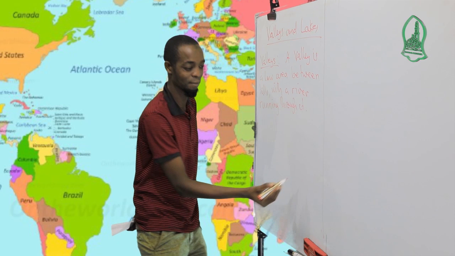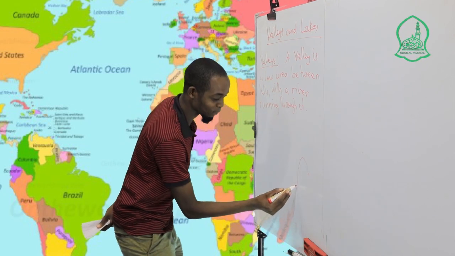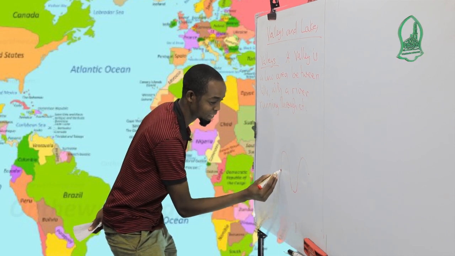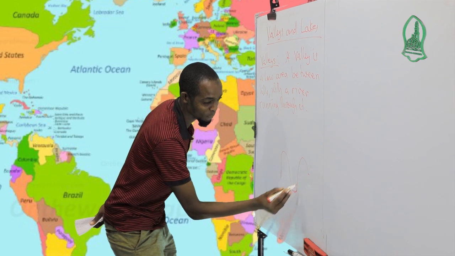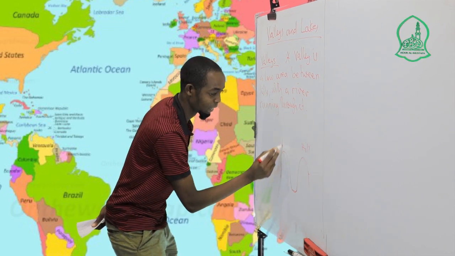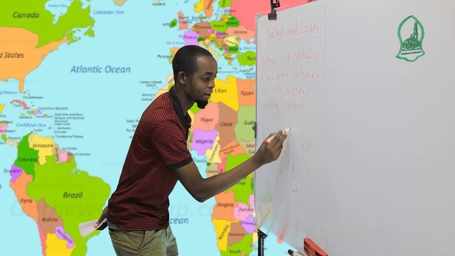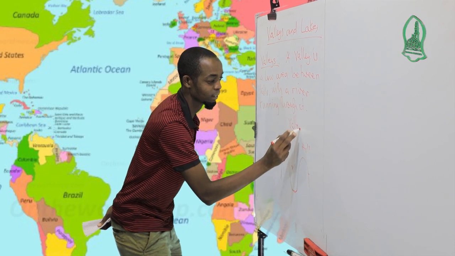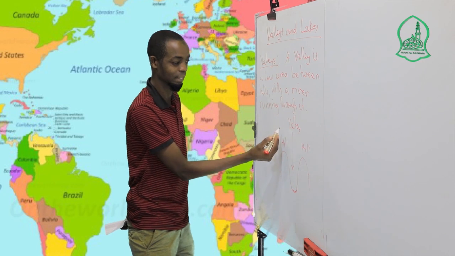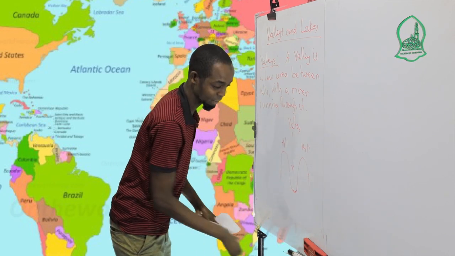It means we have hills on this side, and also on this other side we have another hills. So this area between these hills is called a valley. Between these two highlands is called the valley.